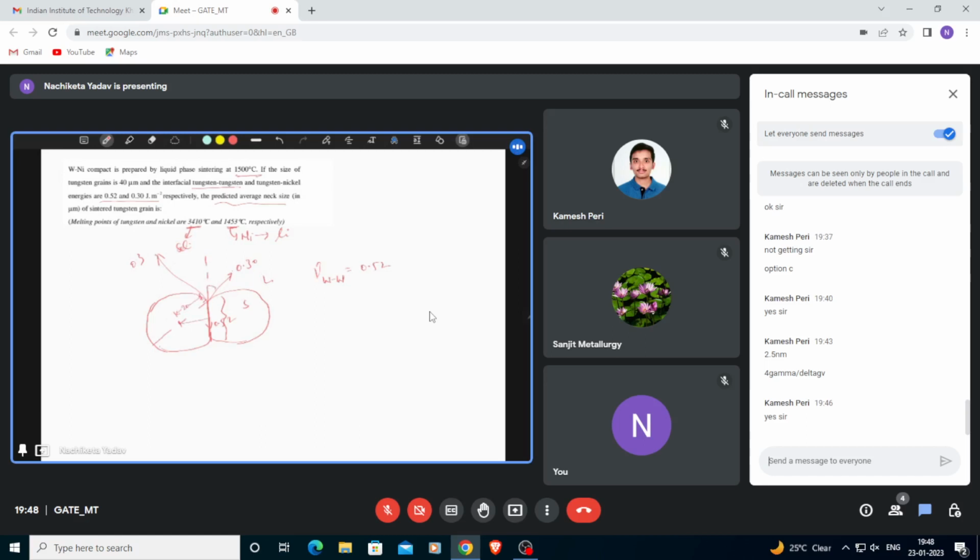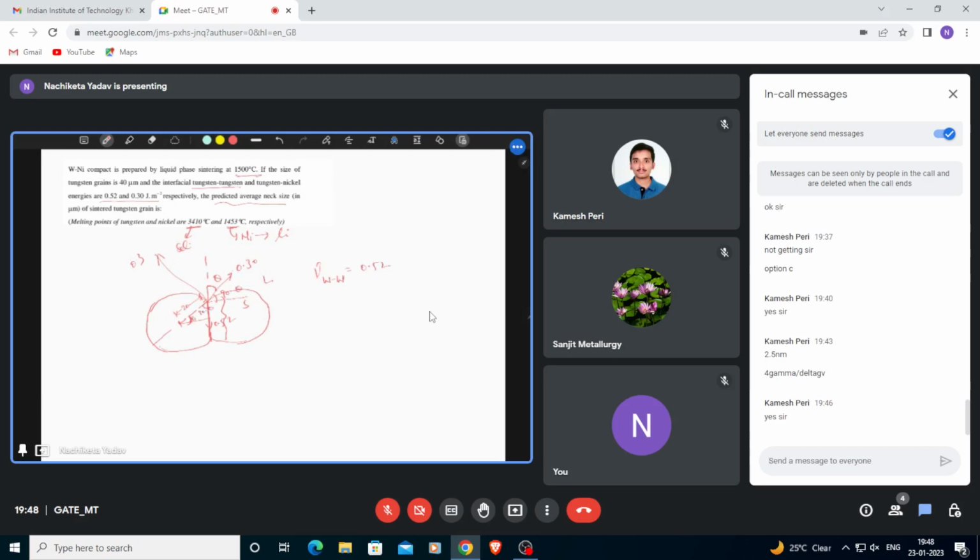If this is theta, what will this value be? If this is theta, that means this will be 90 minus theta, and this will also be 90 minus theta, so this one will be theta.